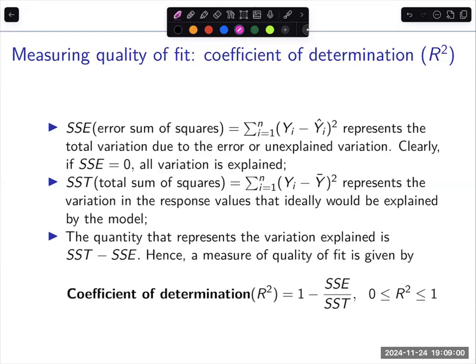In the ideal case, if the model fits perfectly, yi and yi hat should have no difference, which makes SSE equal to 0. And the second one is called the total sum of squares, SST, which is yi minus y bar, squared and summed together, which represents the variance of the response value that ideally would be explained by the model, or the largest possible total variation that needs to be explained by the model.